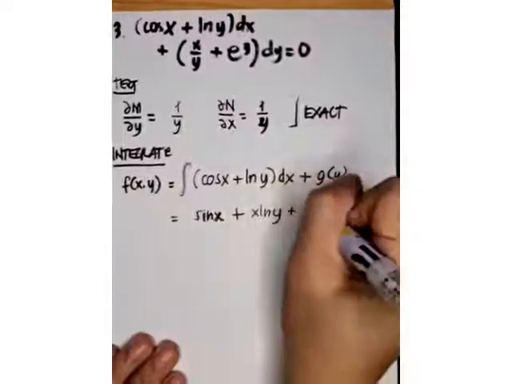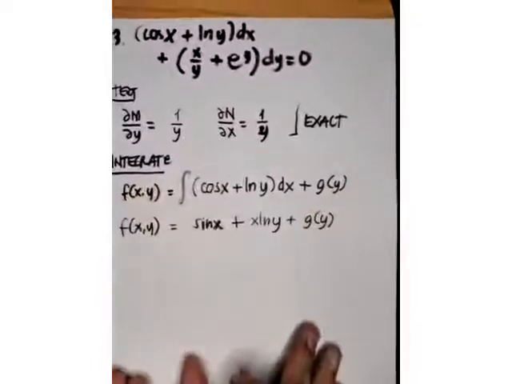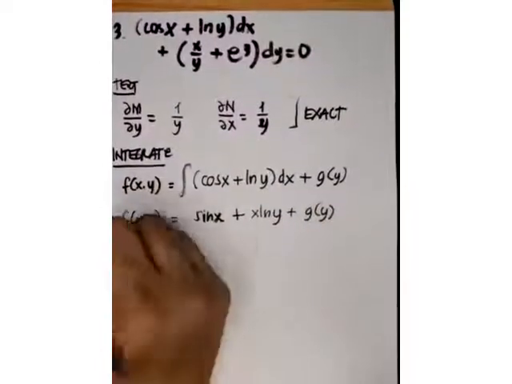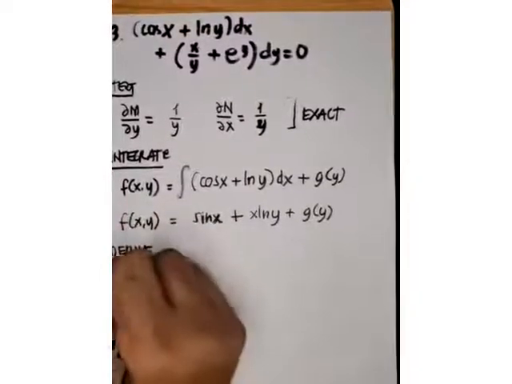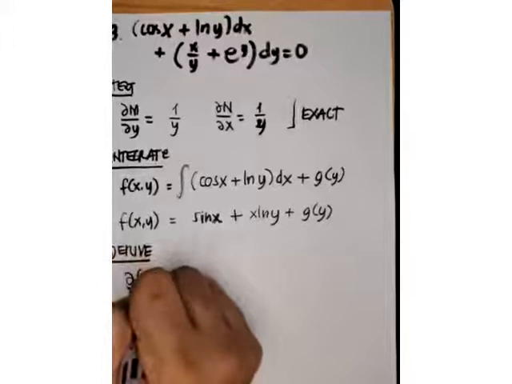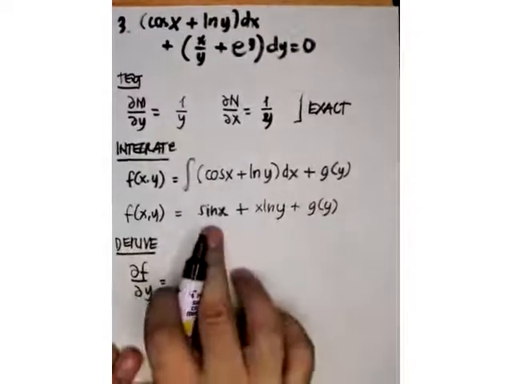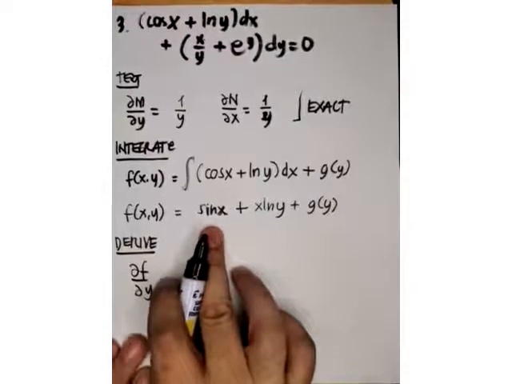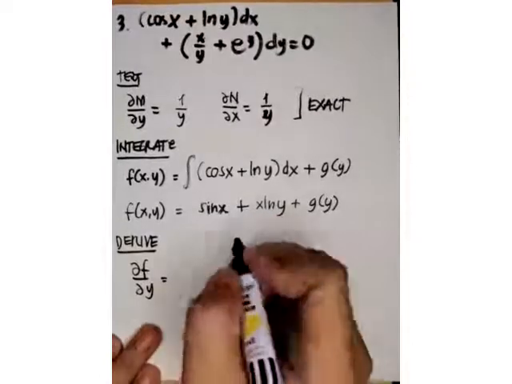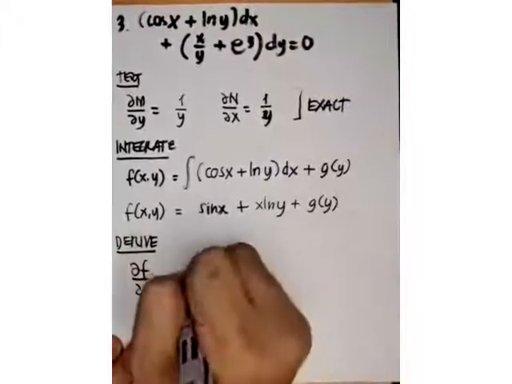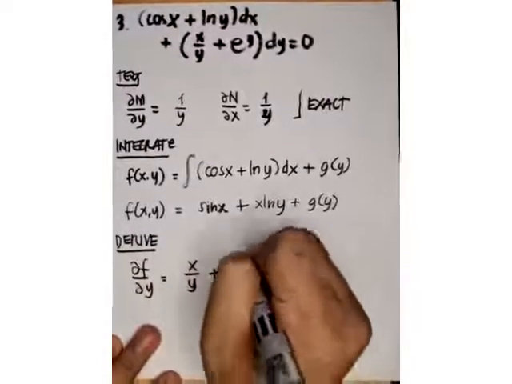So that is x ln of y plus g of y. So this is our given function. Di ba mas madali? And then we derive. Let's derive that function with respect to y. Sine x becomes 0. And then x is constant, so ang ini-integrate natin is yung ln of y. So therefore, this will be x over y plus g of y prime.